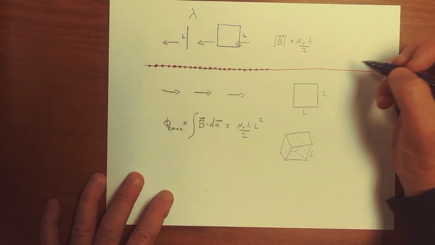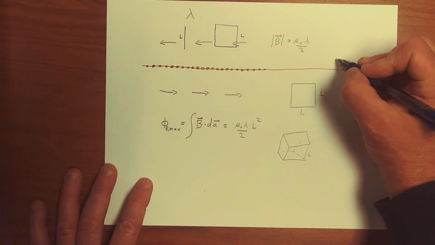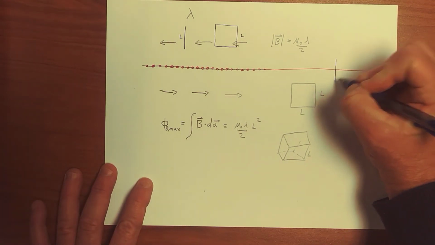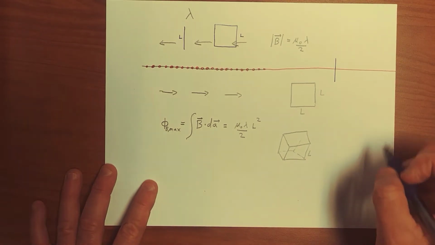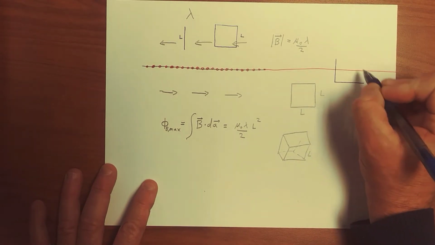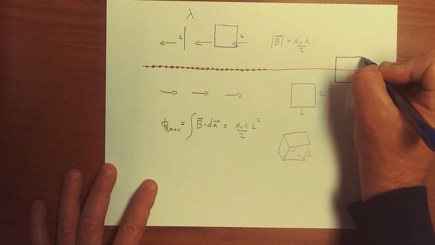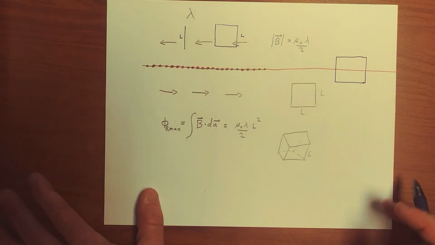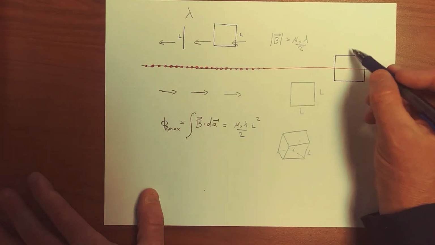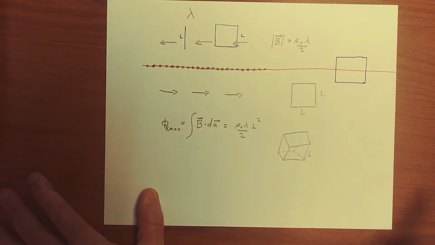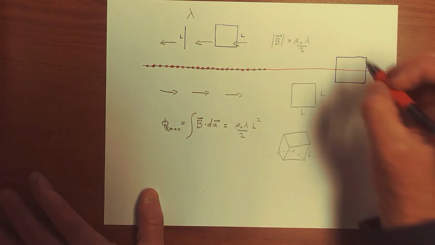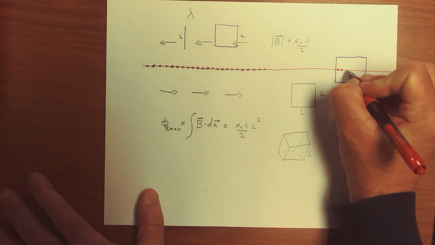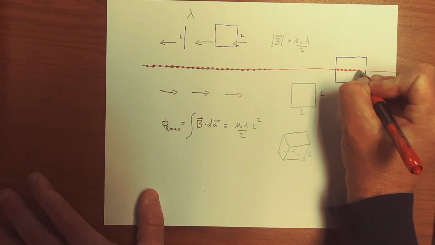So let's say that we place it like this, so that half of it is above and half of it is below, so there's clearly current going through the cube. If we look at it from this perspective, we don't see the other sides, but here is current clearly going through the cube.